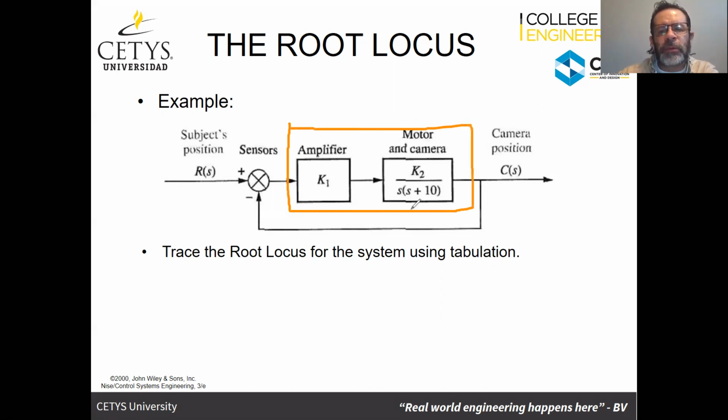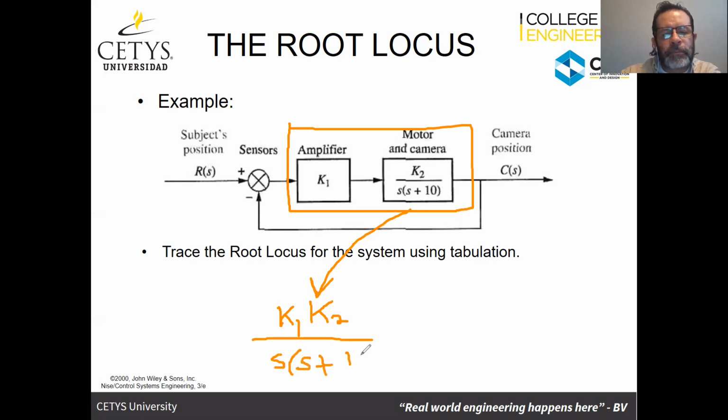Now, these couple of transfer functions that we have here can actually be compressed into having K1 multiplied by K2. So this is equivalent to this: K1 multiplied by K2 divided by S times S plus 10. That's equivalent.